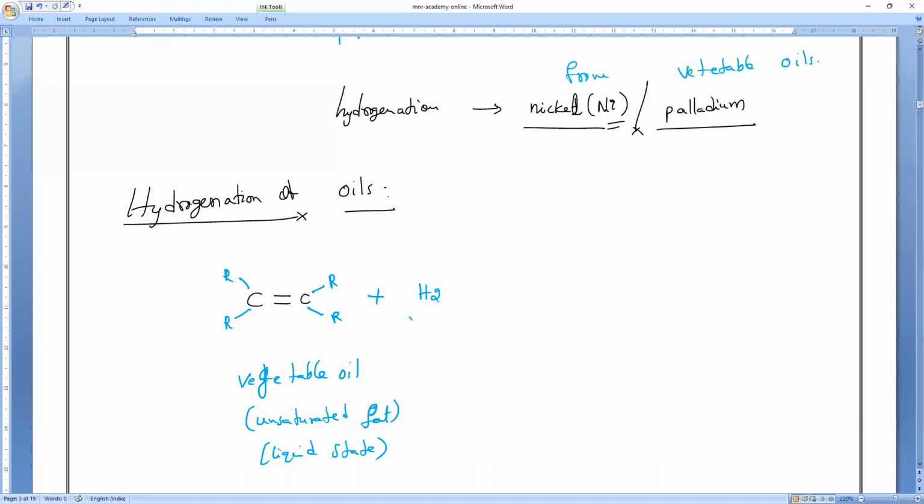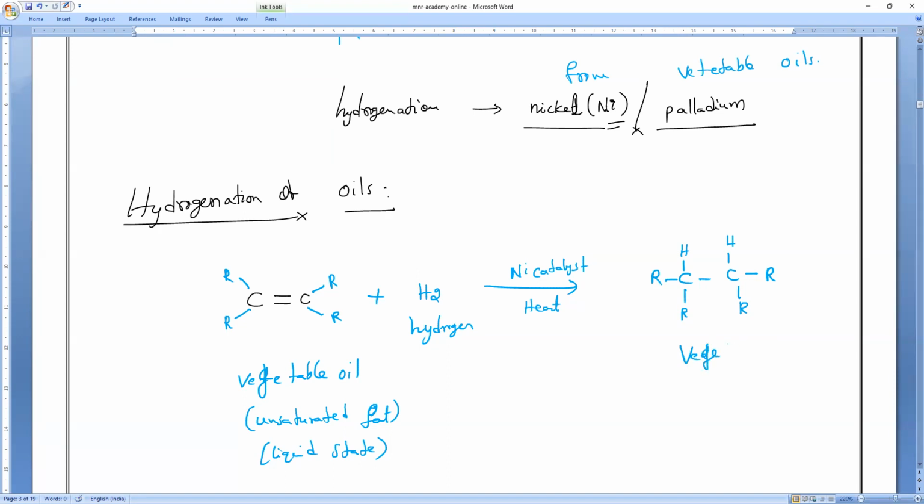This will react with hydrogen in the presence of nickel as a catalyst, under heat. It will be converted into a saturated hydrocarbon, which we used to call vegetable ghee.